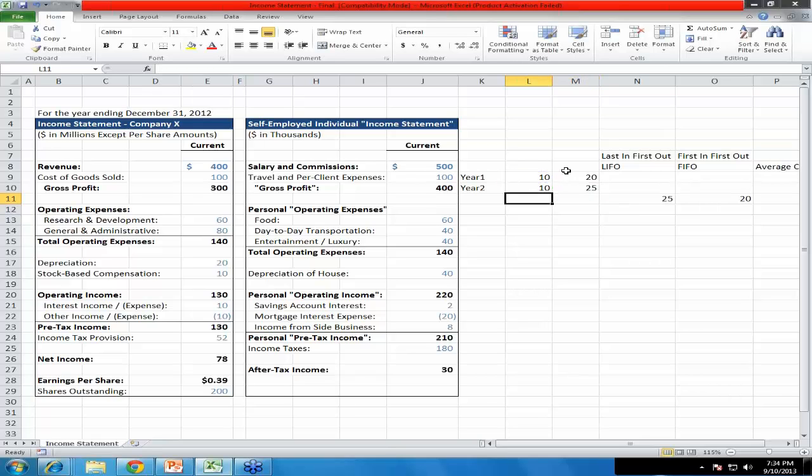So let me make things easier for you guys. This is the total. So the way you would do this is it would be 10 divided by this number, which is the total number, times how much you paid for it, plus this number divided by the total number times how much you paid for it, 2250.